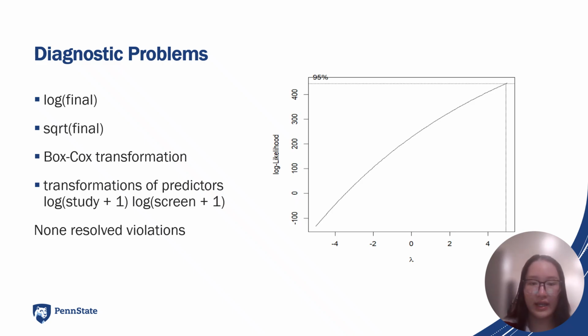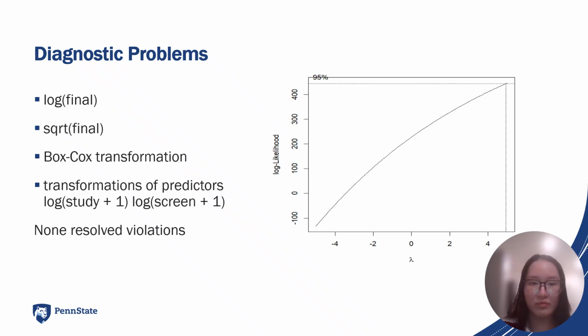As shown in the result, no power transformation provides a meaningful improvement in the model, which means there is no optimal lambda that can correct the ceiling effect in the final exam score. Therefore, I did not adopt this transformation and continued with the original response, acknowledging the limitations.